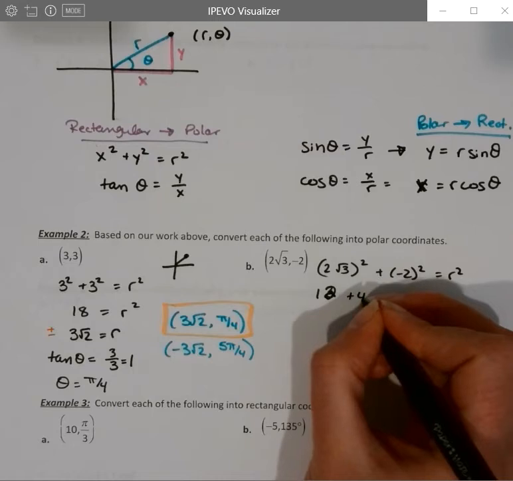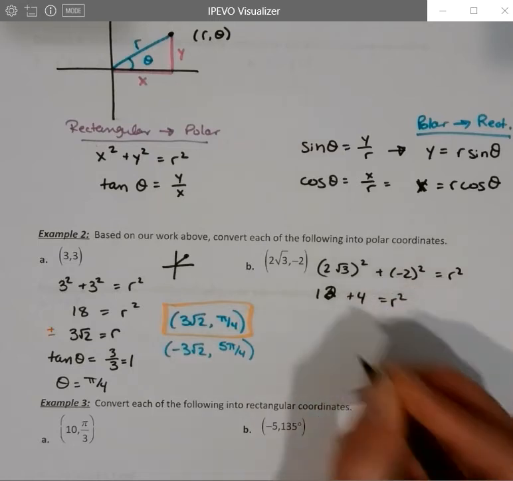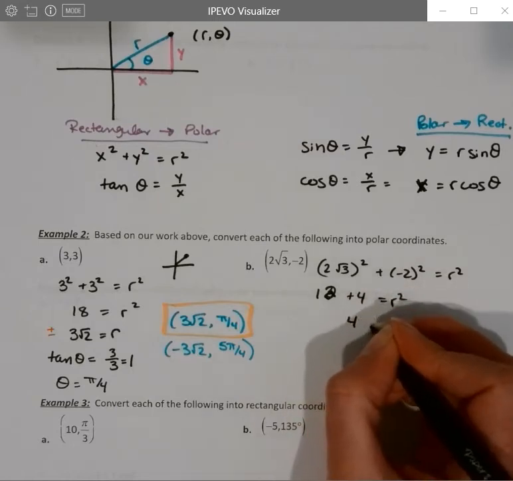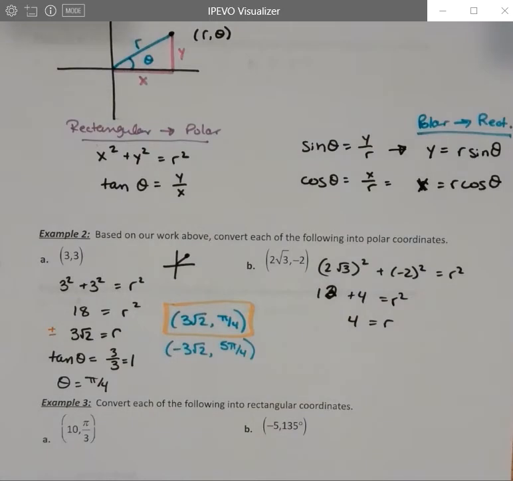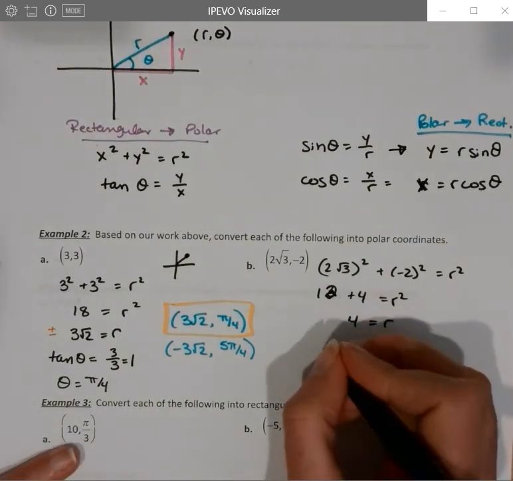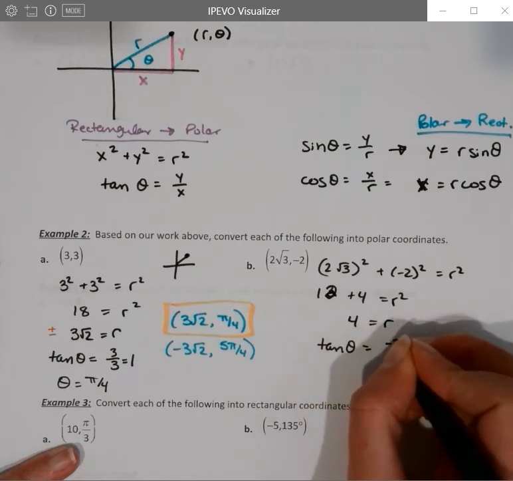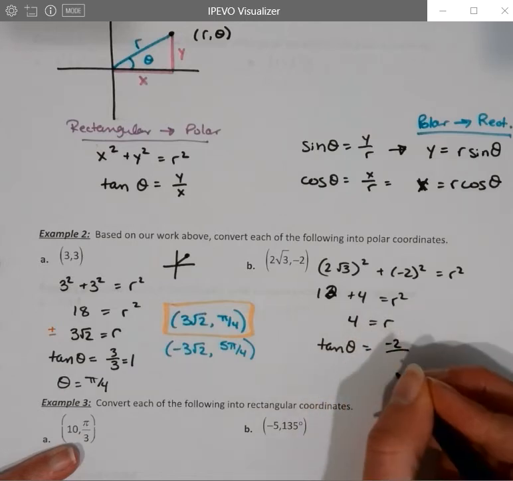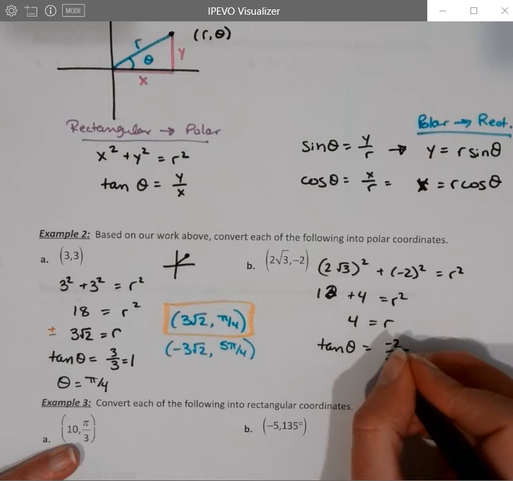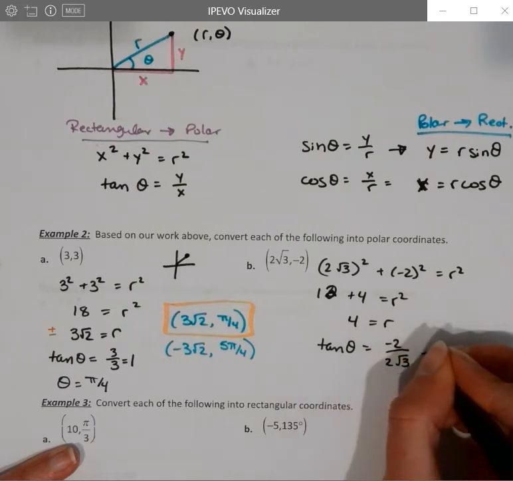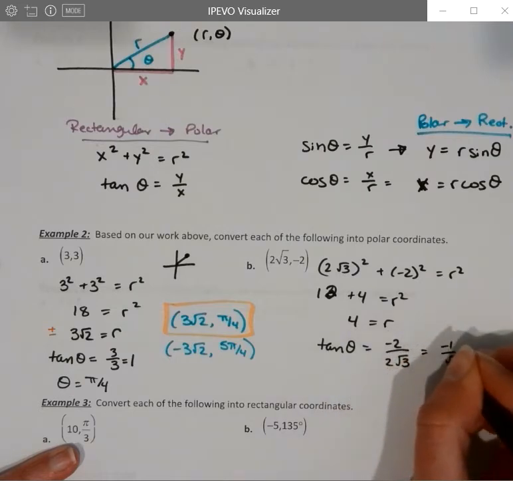And then plus 4 equals r squared, so that's 16. So if I square root both sides, I'm going to get an r value of 4. And then tangent of theta is equal to negative 2 over 2 square root of 3. So that's negative 1 over the square root of 3.